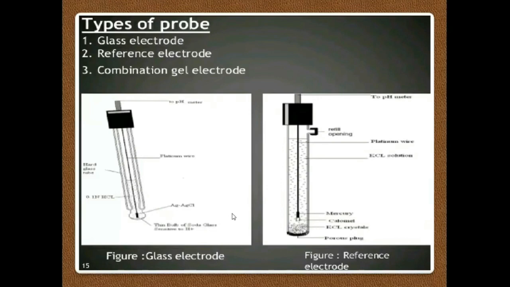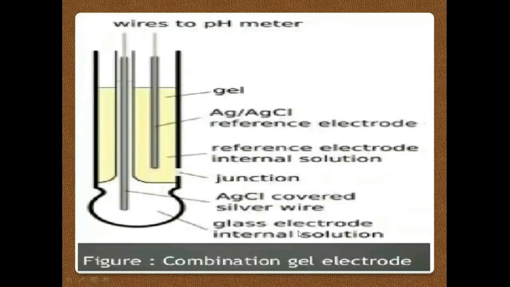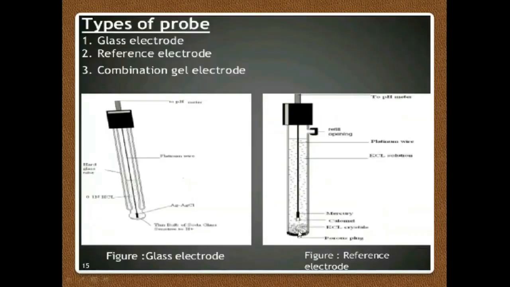Then this is the pH meter, and you can see it has platinum. Then here you have potassium chloride solution at the center, and mercury and calomel are here. Then KCl crystals are deposited there. Porous regions are there. Your refill can be done by opening this. When it goes to the pH meter.